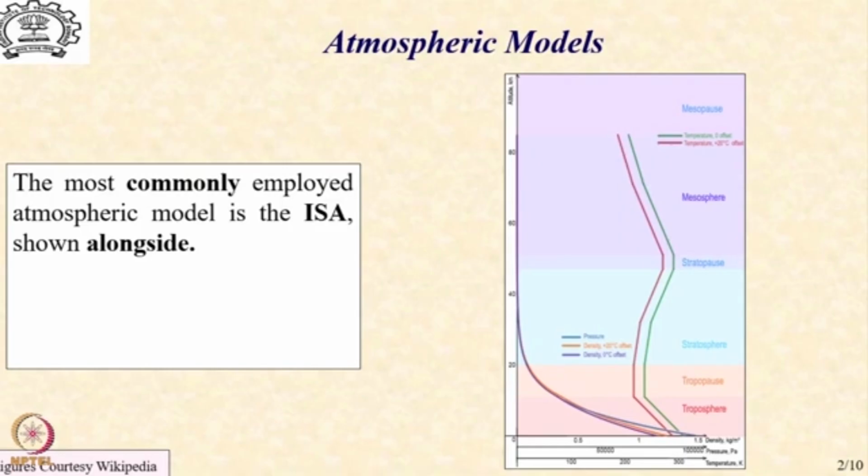Of course, as all of us know, the atmosphere is composed of various layers, and the schematic also reflects the various layers which are part of it, starting with troposphere, going to stratosphere, mesosphere, and then we know that beyond mesosphere we start getting the ionosphere.